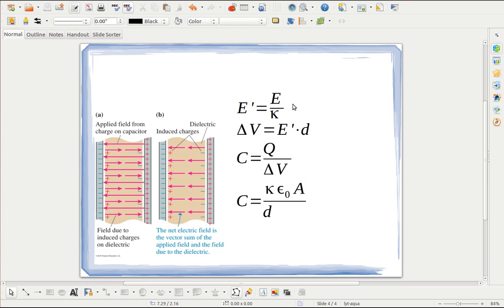And I'm going to just skip to the last equation here. When we have insulating material making the electric field 5 times weaker, that has the effect of making the capacitance, that capacitor, 5 times stronger. So if we have some sort of insulating material, we have an area of each plate, and we have a separation, we can use this last equation to calculate the capacitance of that material. Okay, I'll stop there.